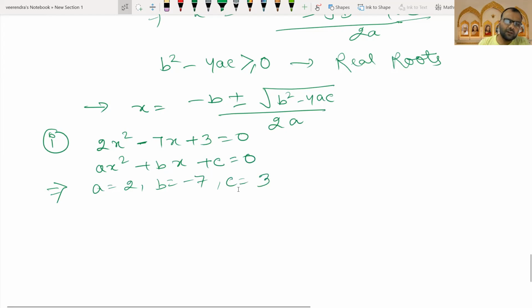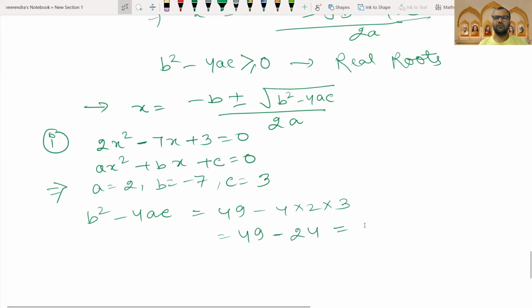Now we will put these values in the quadratic formula. But first let me check whether real roots exist or not. So for that we will check b² − 4ac. So b² is 49 minus 4 into 2 into 3. So it is 49 − 24, which is equal to 25, which is greater than 0. So real roots will exist. So we can find the value of x.